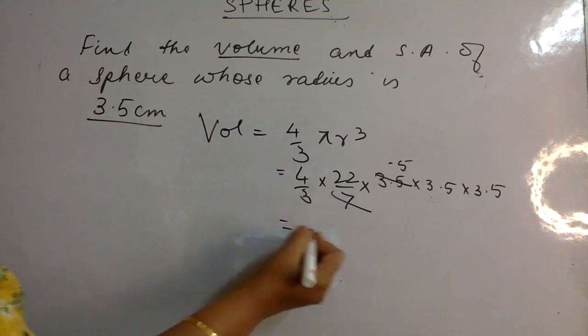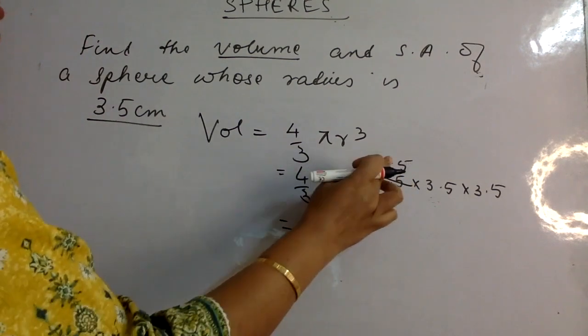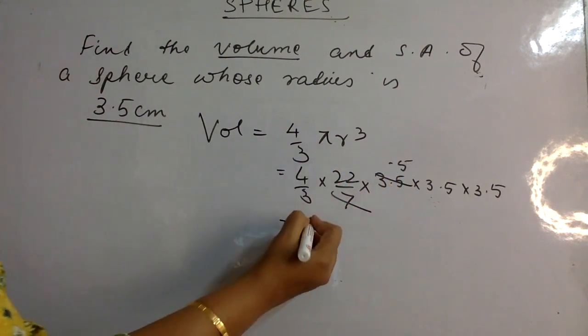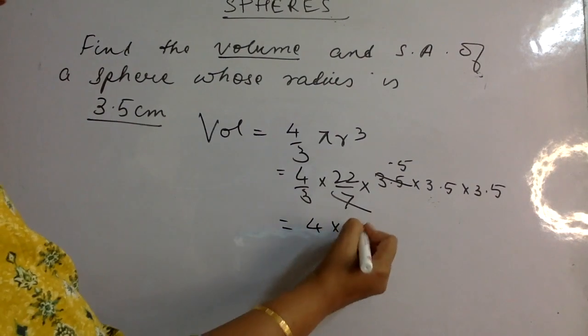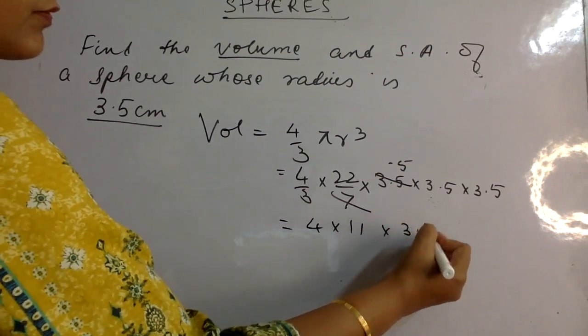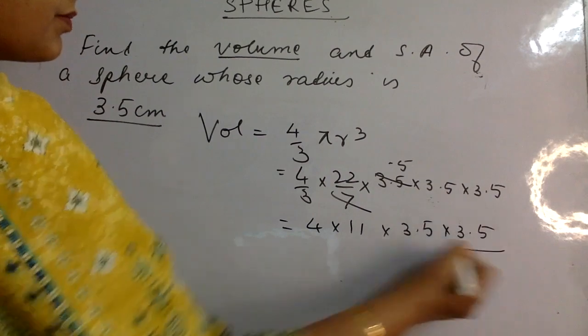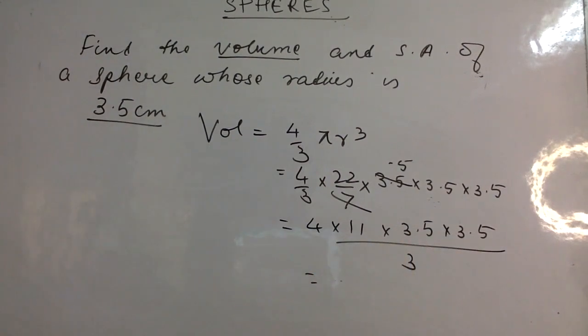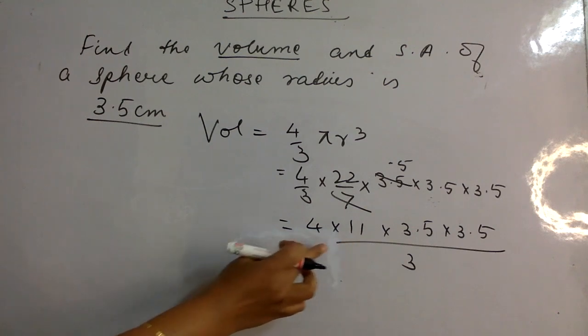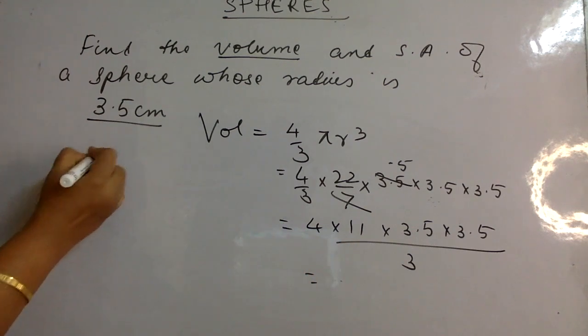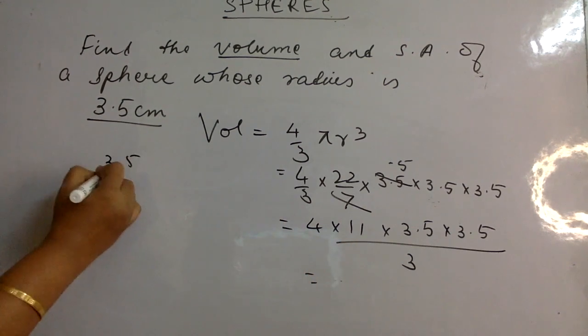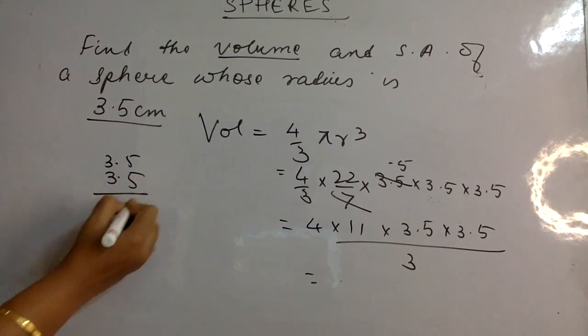Now if I multiply this, point 5 means half, so 4 into 11 into 3.5 into 3.5 by 3. If we multiply this, we'll get 44, and 3.5 with 3.5 gives how much?